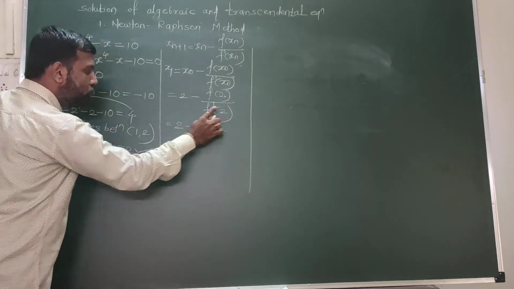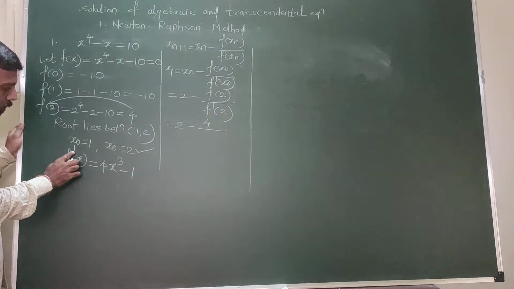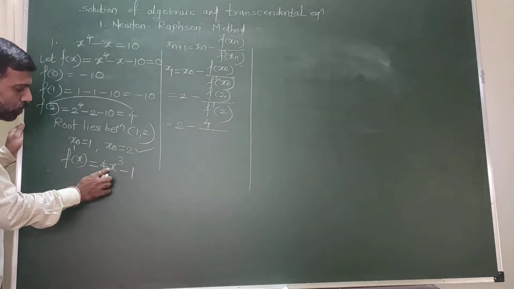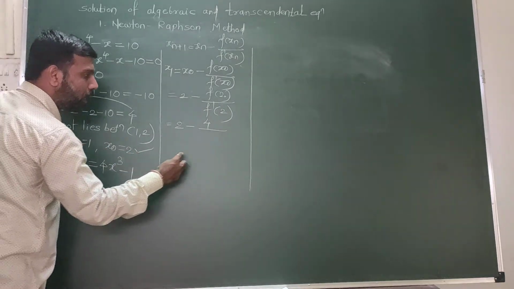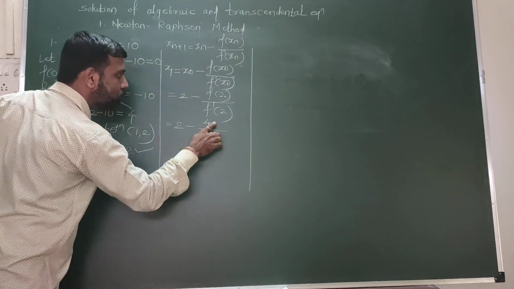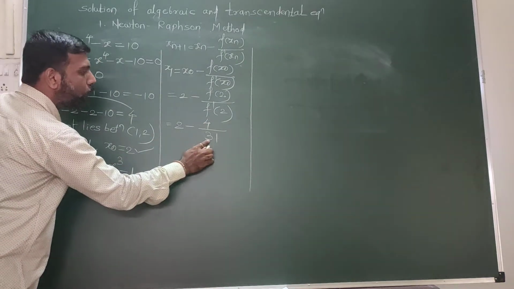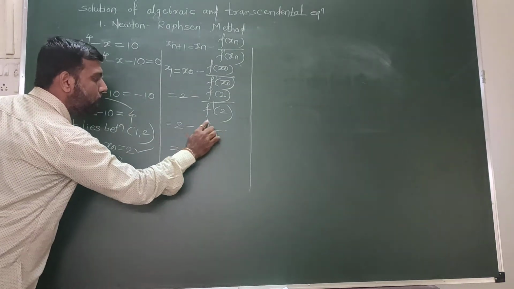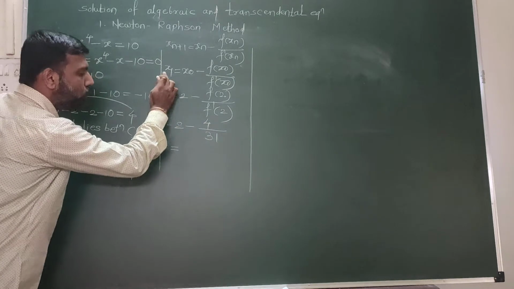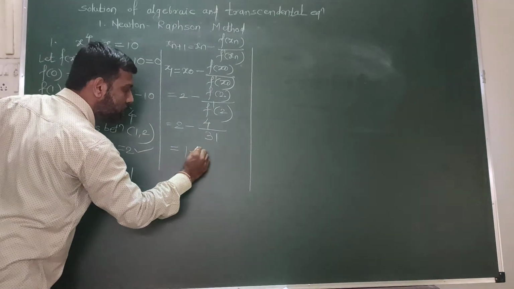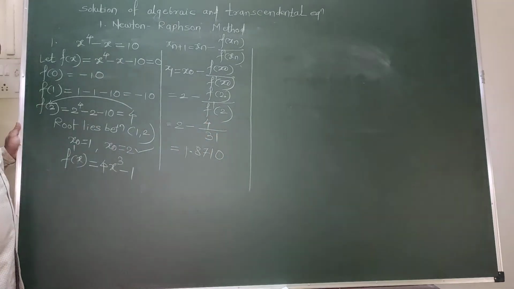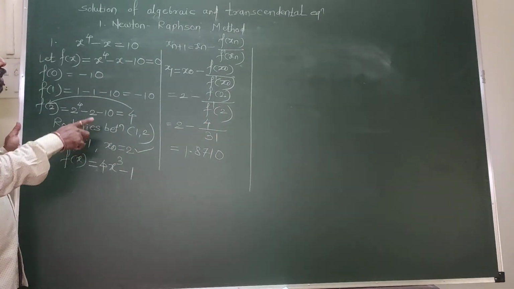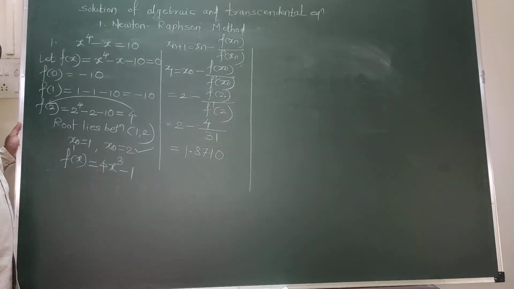For f dash of 2, substitute x equals 2, so 4 into 2 cube minus 1, and if we calculate that, it is 31. By substituting here we got 31. Calculate this on the calculator, and the first approximation value is x1.